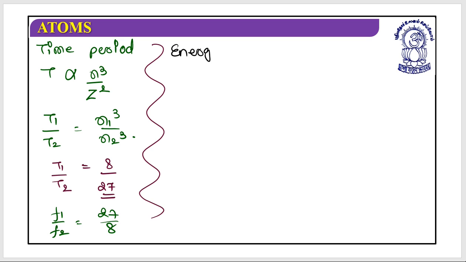Next, the energy of the electron. The standard formula of energy is minus 13.6 multiplied by Z square divided by n square. Here Z equals 1 because it is a hydrogen atom.